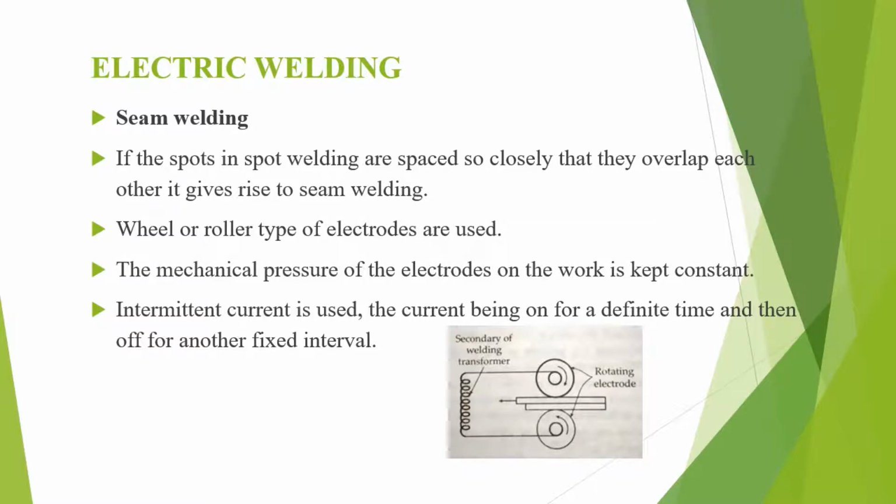Here, wheel or roller type electrodes are used. The mechanical pressure of the electrodes on the work is kept constant. Intermittent current is used, kept on for a definite time and then off for another fixed time. This process can produce continuous pressure tight seams at high speeds.